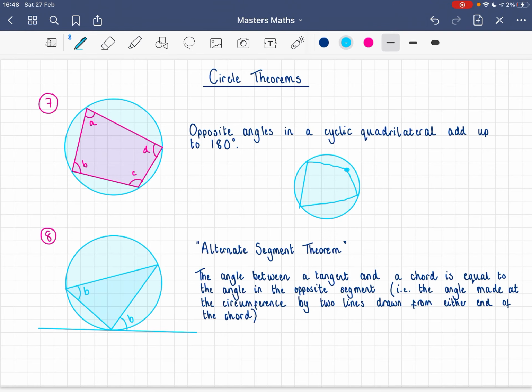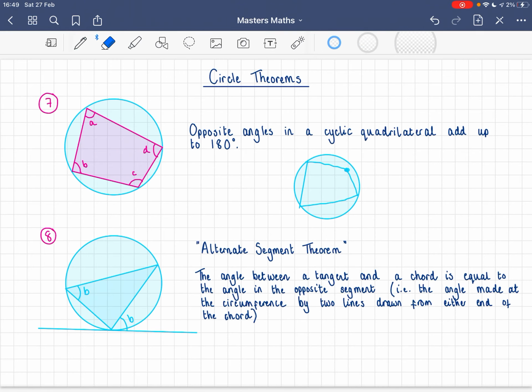All 4 points, all 4 corners, all 4 vertices of your quadrilateral have to be on the circumference of your circle. That is what makes it a cyclic quadrilateral, because what you've essentially done is joined all 4 vertices up with a circle. And the rule is that opposite angles add up to 180.